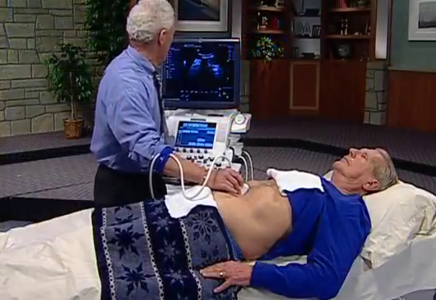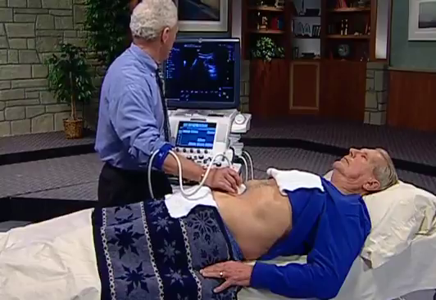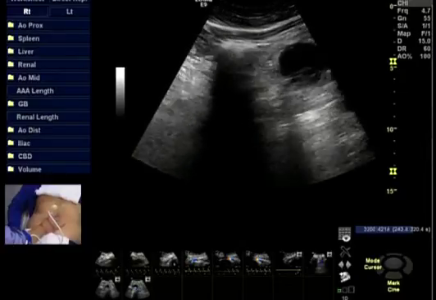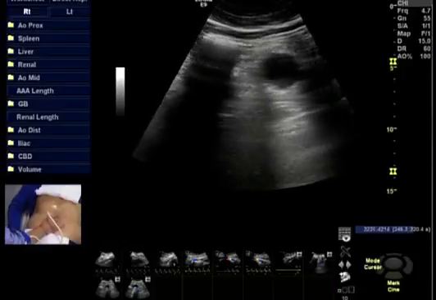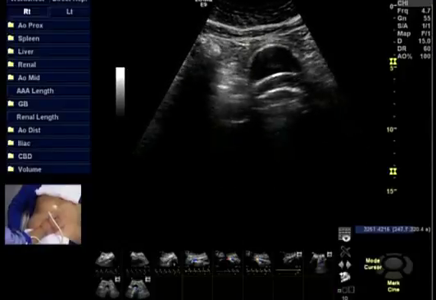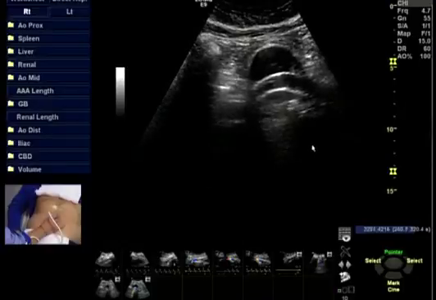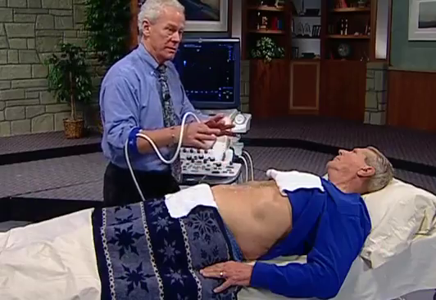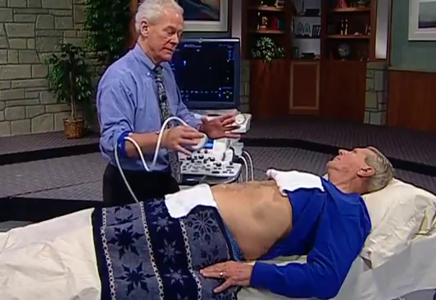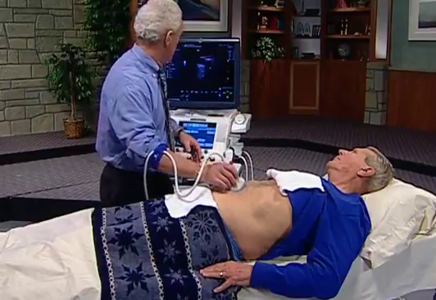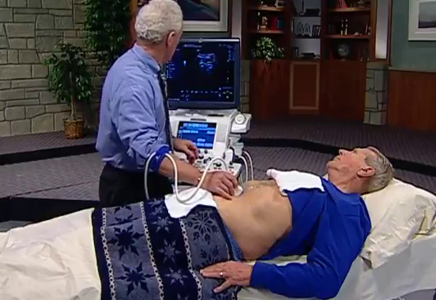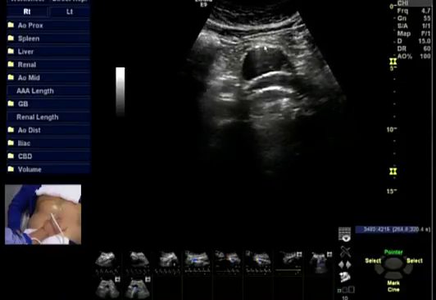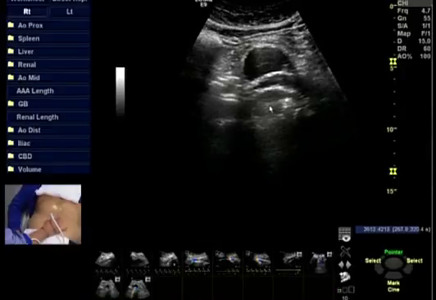Returning to a long axis orientation, and again, the best landmark we have in this particular patient, the aneurysm sac itself, we can note one of the salient features of this aneurysm. Though it's technically classified as a fusiform aneurysm with dilation in all directions of the arterial wall, this particular aneurysm, as we'll notice here, has a lot more anterior dilation than posterior dilation.